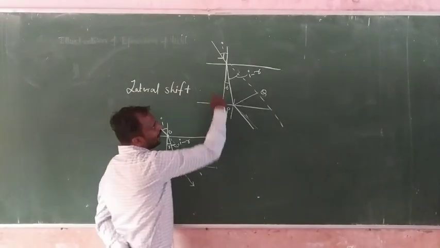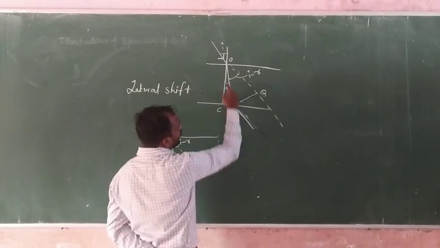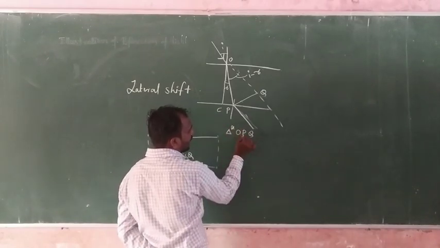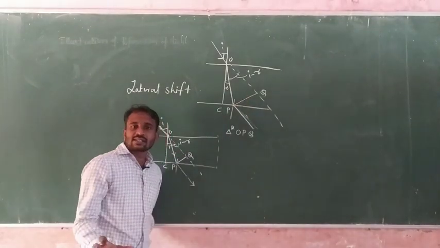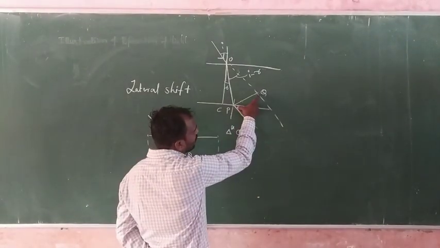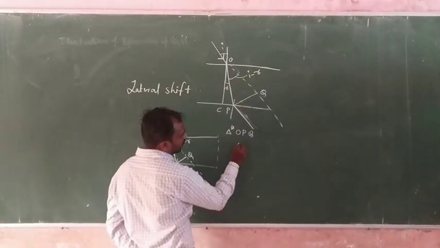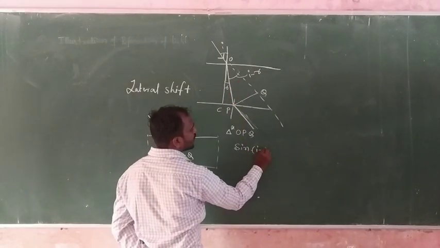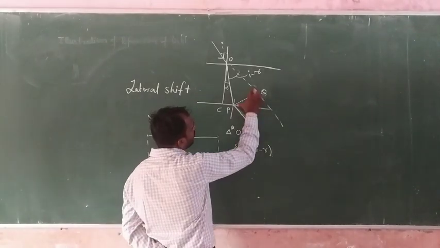So for this reason, here we consider a triangle, triangle OPQ. In this triangle we consider a sine function. Why do we consider the sine function? Because sine means opposite by hypotenuse, and opposite is nothing but the lateral shift. So sine of I minus R is equal to opposite by hypotenuse.